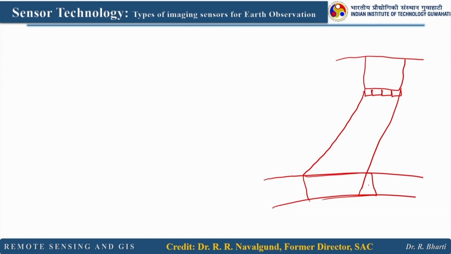So, how are they moving? They might have started from here, then moved to this, then this, then this, but is it so, or is there any other mode of acquisition? How do you image this particular area? That we will see here.